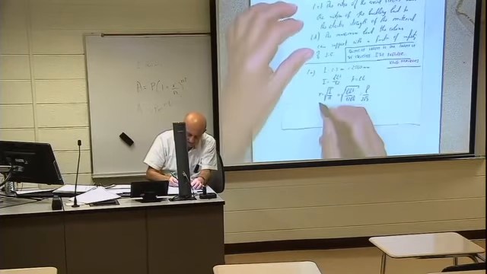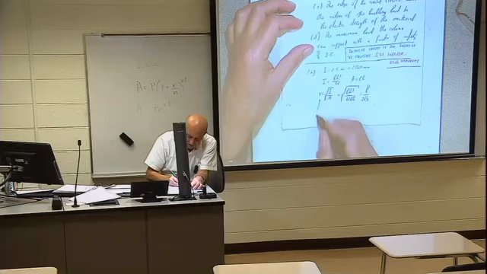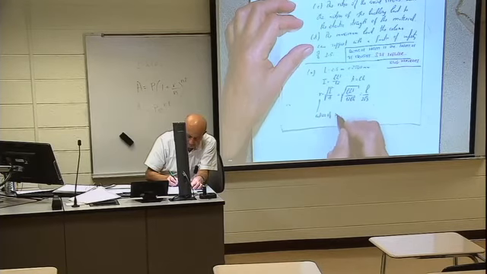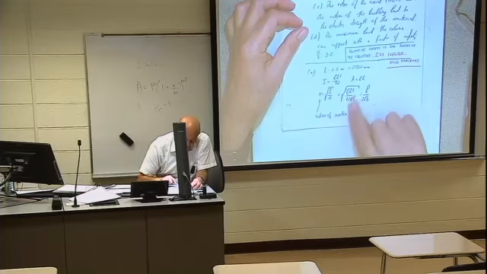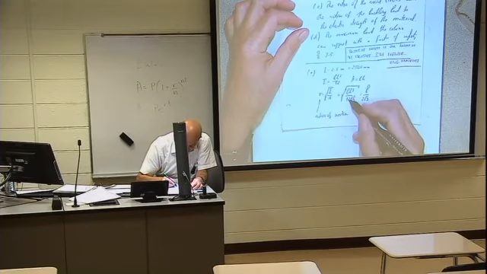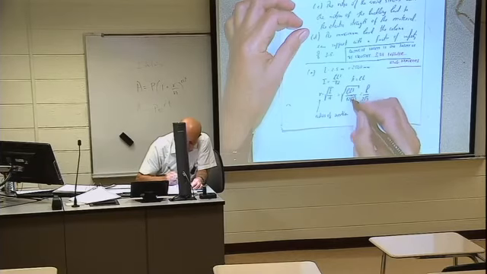That is radius of inertia, square root of I over A. That is BH cubed over 12 divided by BH, that is A. B and B are canceling each other.